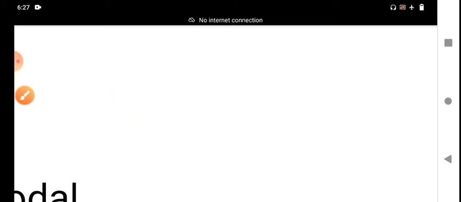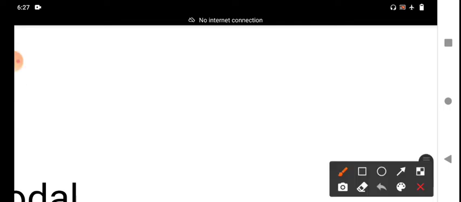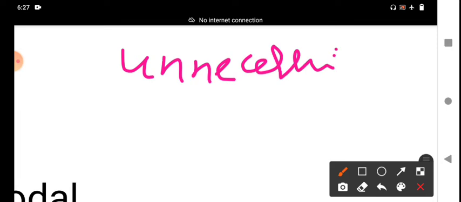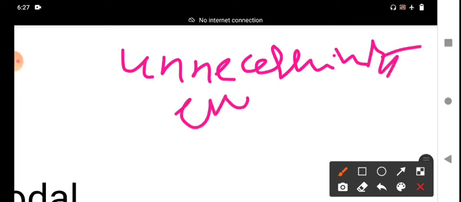On some occasions we use need for unnecessary events. We should use need not, a negative sentence, as a modal verb. On that occasion we use this word.